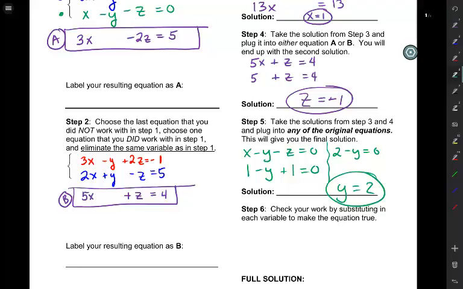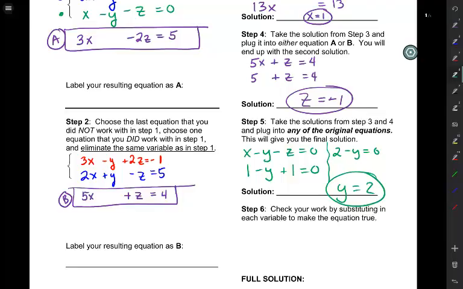Now I need to check. Here's the key. Which equation did I use at the very last step? Which color? Green, right? And this is why I'm trying to change colors to keep things straight in our minds. If I'm going to check, I've got to use either blue or red. It doesn't matter which one you use.